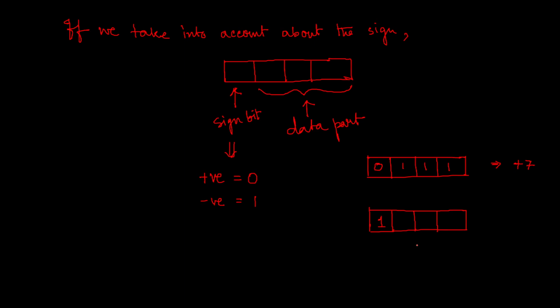Just for the time being, I'm telling you what the minimum value should be. The minimum value that you can store over here is actually -8. If you write 1 0 0 0, this means -8. You already found this, right? If you do the 2's complement of this one, 1 0 0 0 means 8.